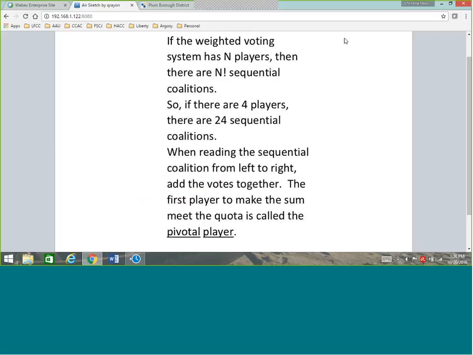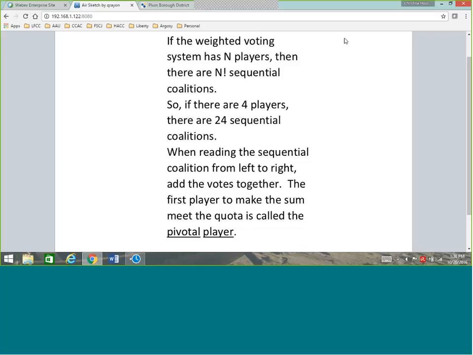So how does this power distribution work? Well, if the weighted voting system has n players, then there are n factorial sequential coalitions. We are not interested in necessarily winning coalitions. It's not like the other one where we're only looking at winning coalitions. Here we're looking at all sequential coalitions.